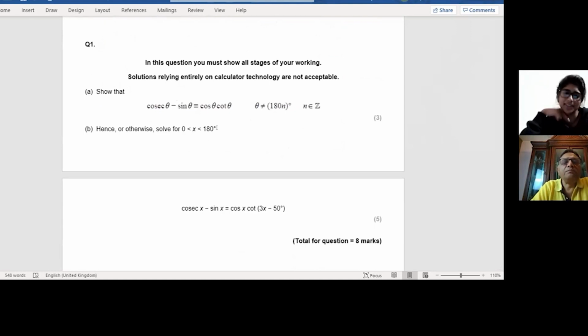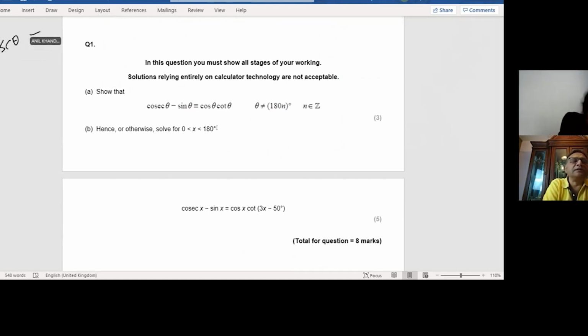Okay, so we have to get sine and cosine. You can start from the left side or the right side as you wish. Show that the left side is equal to the right side, and there's a restriction, of course. Cosecant means 1 over sine. So we write cosecant theta minus sine theta, which is 1 over sine theta minus sine theta.